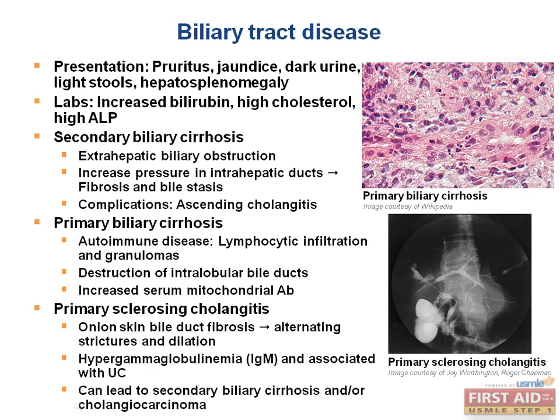Lastly is primary sclerosing cholangitis, the etiology of which is unknown. Histology will show an onion skin fibrosis in the bile duct, and ERCP demonstrates alternating strictures and dilation that can cause a beading pattern along the bile ducts, which you can see here. Hypergammaglobulinemia is present, and there is an association with ulcerative colitis.